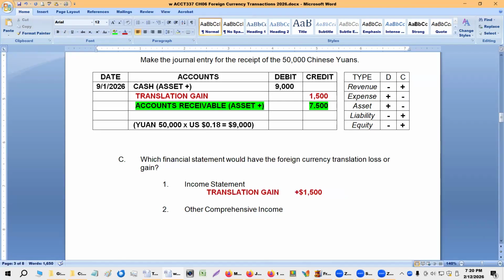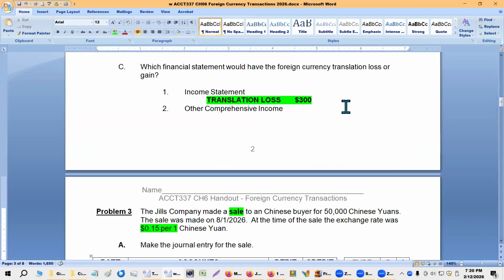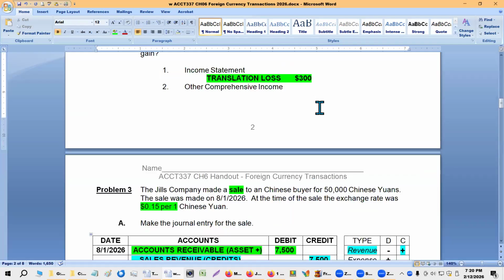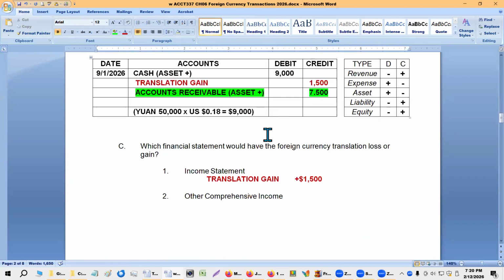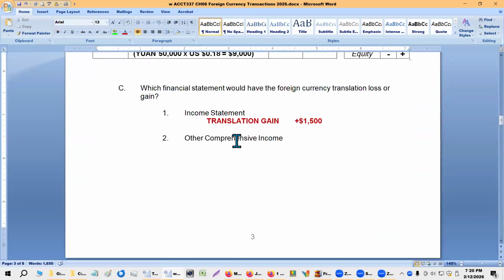And part of the reason is the income statement is stuff that really happened. So this actually really happened, that we had a gain here, and on the previous one we had a loss. The transaction is completely completed, and that is what happened with the foreign exchange risk.